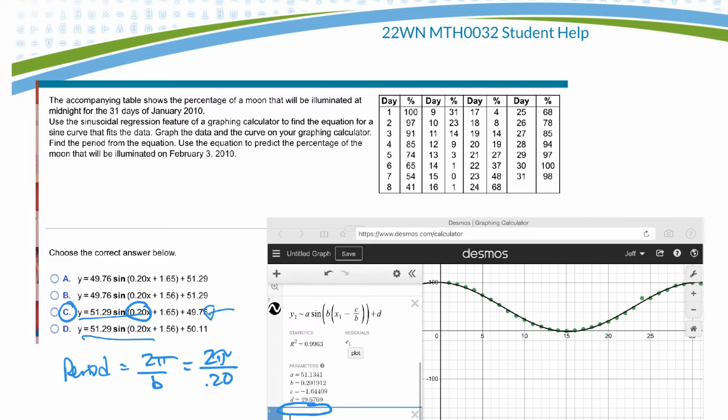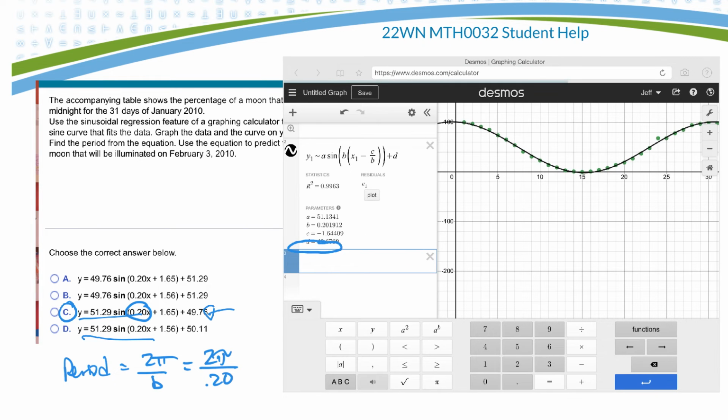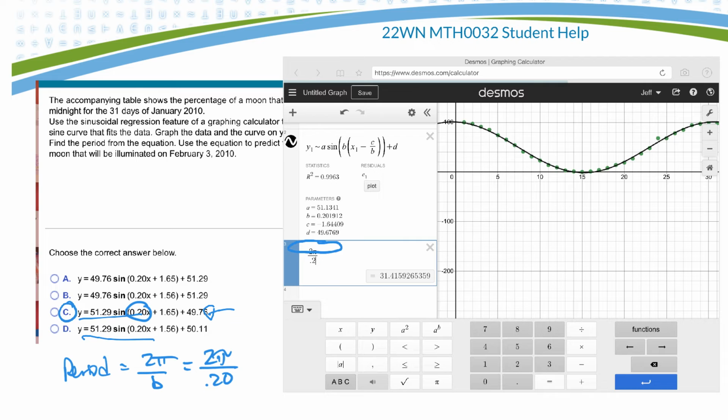Let me do it down here. Okay, so 2 pi divided by 0.2. So 31.4. The period would be about 31.4. Okay, so I've got the period.